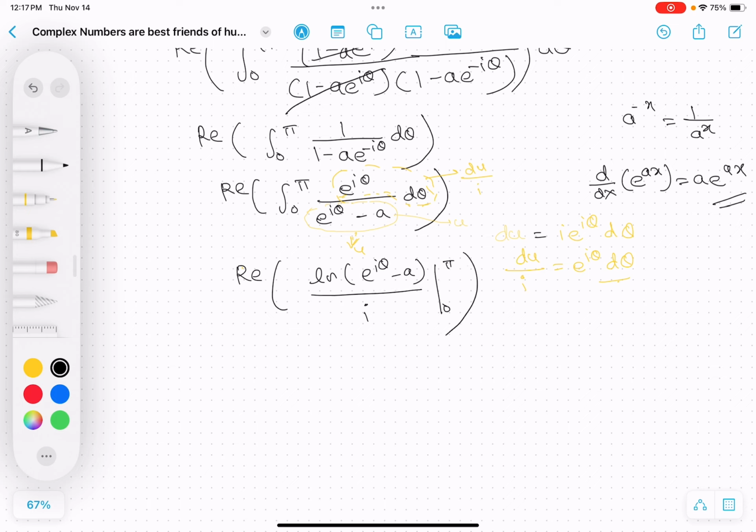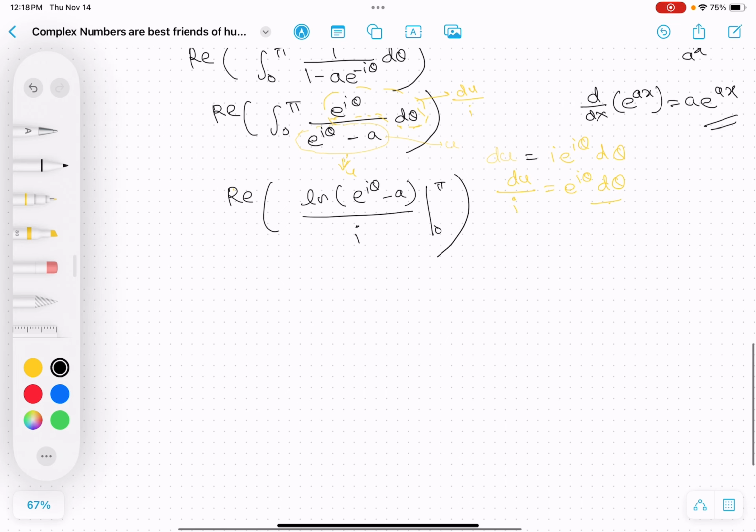You see that, right? Because the differential of this denominator is just i times e to the power i theta. So e to the power i theta d theta is just du by i. So 1 by i is over here, and then du by u becomes ln of u. So that's clear, right? Now let's try to evaluate this.